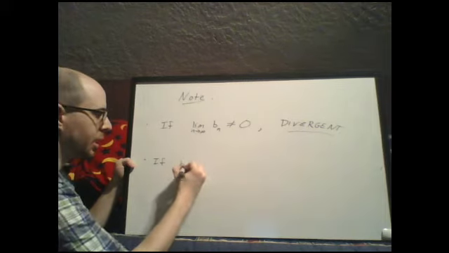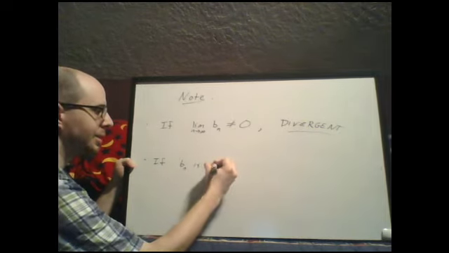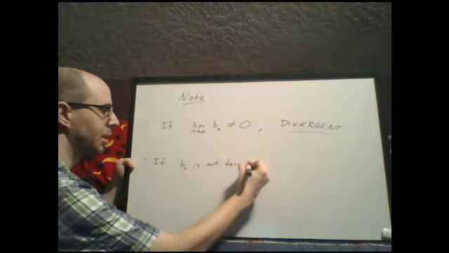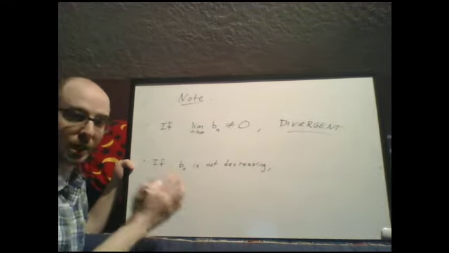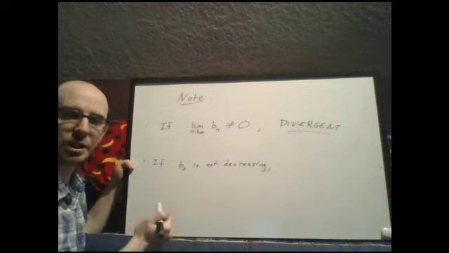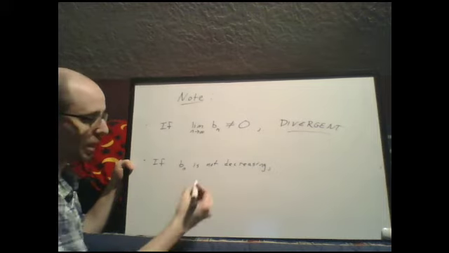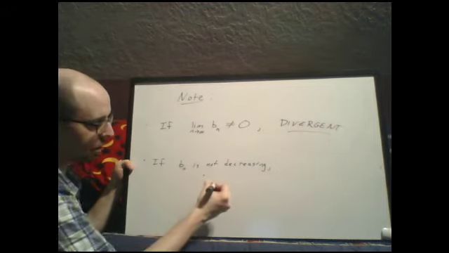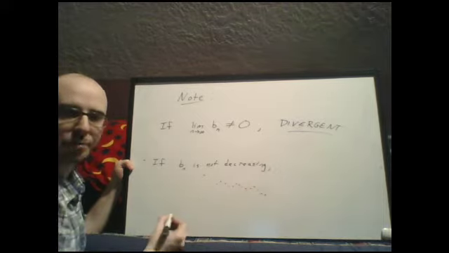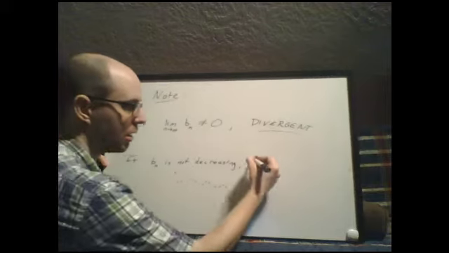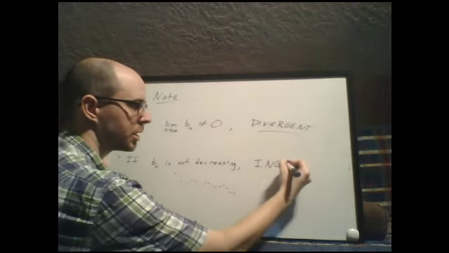If bn is not decreasing, now, let's be clear here. Not decreasing doesn't mean increasing. It means your sequence could be going down and up and down and up and down and up. If that happens, it doesn't tell us that it diverges.